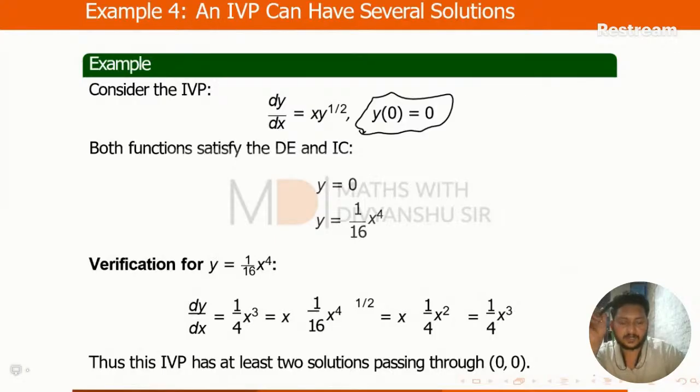So the verification for this initial value problem. Wait for some minutes.